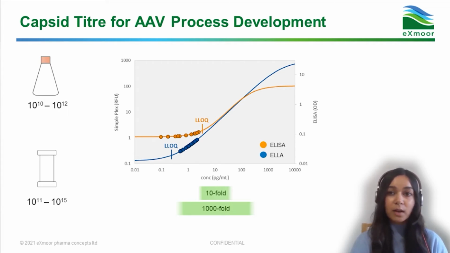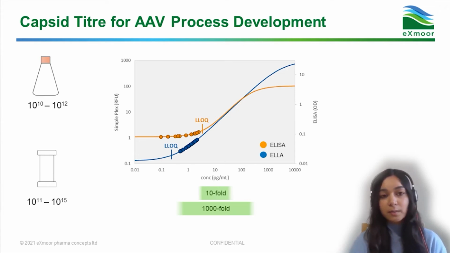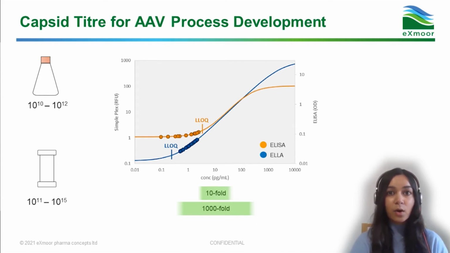And often we're changing parameters to improve titer and recovery throughout the whole process. So what this means is that usually there's low confidence in the concentration of a given sample. Now, because the ELA has such a higher dynamic range when compared to the ELISA, and you can see this here with the graph in the middle.